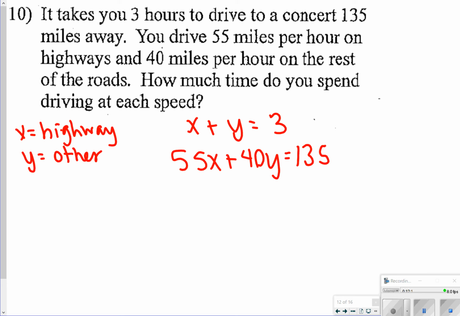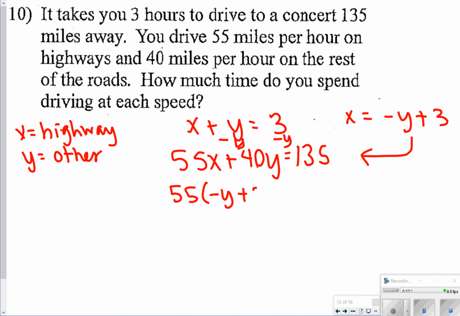What we can maybe do here is go ahead and solve for X, just because that'd be easiest. So I'll get X is equal to negative Y plus 3. And then let's plug it into this one down here. So 55 parentheses negative Y plus 3 plus 40Y equals 135.